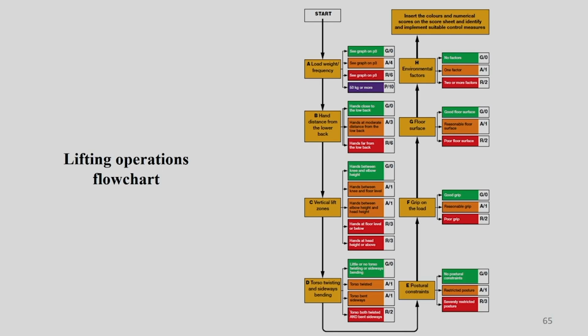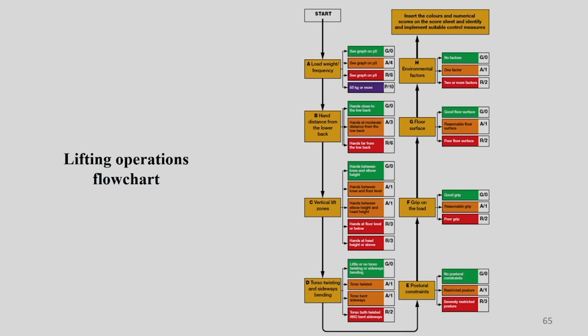So, in total 8 answers we are going to get, and from these 8 answers we have some flags: green flags, amber flags, red flags and purple flags. Using those flags, we are going to understand how risky this job is and what the causal factor of that particular risk is.